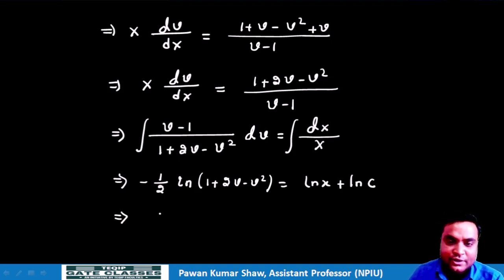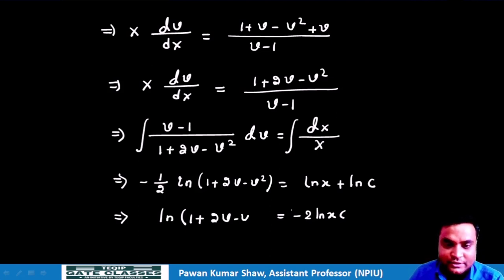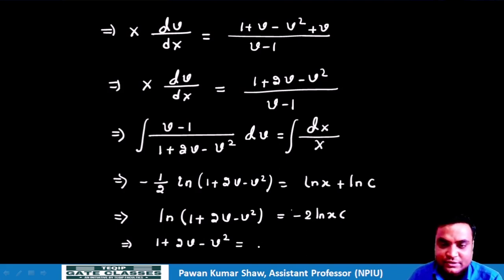So what can we write now? This will be log of XC, and here log of 1 plus 2V minus V square, and if you bring this minus 1 by 2 to the right hand side, we can write minus 2 times log of XC. After this, we can cancel the log, so we can write 1 plus 2V minus V square equal to XC to the power of minus 2, which we can write as 1 by C square into 1 by X square.